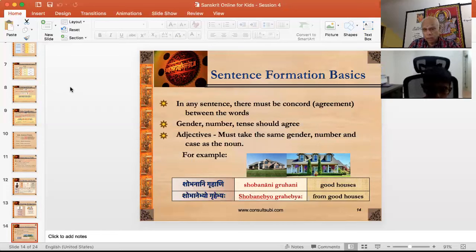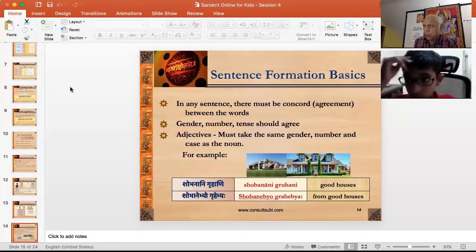So you see how the adjective is taking the same form as the noun. Shobhanani Grihani. Shobhanebhyo Grihebhyaha. So you have to have agreement between the gender, the number, the adjective, and the tense. So this is how the sentence gets formed. So these are some of the basic rules in forming sentence.